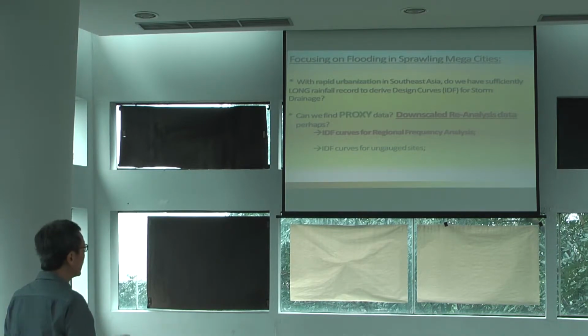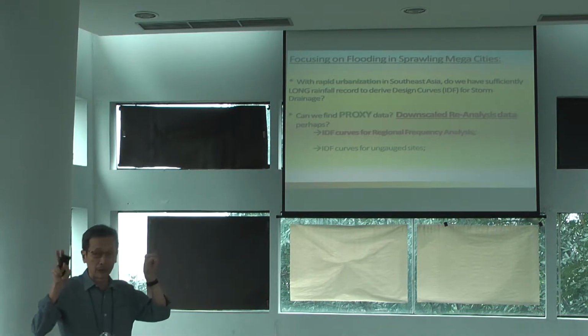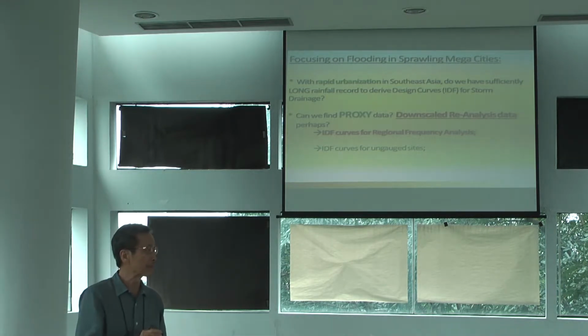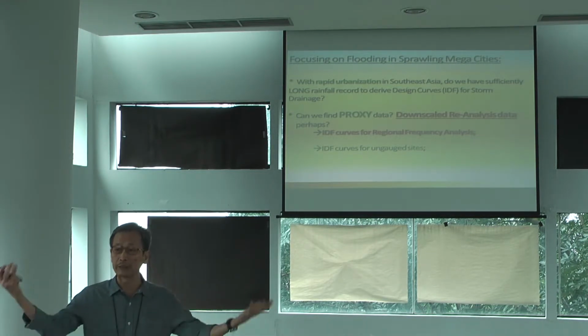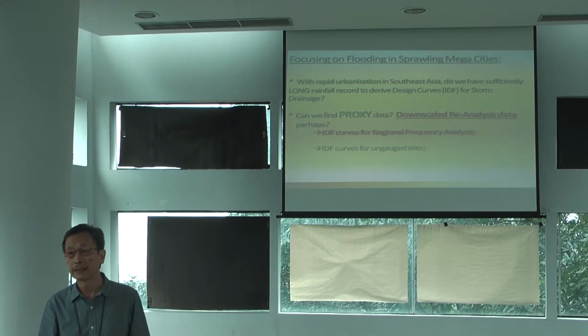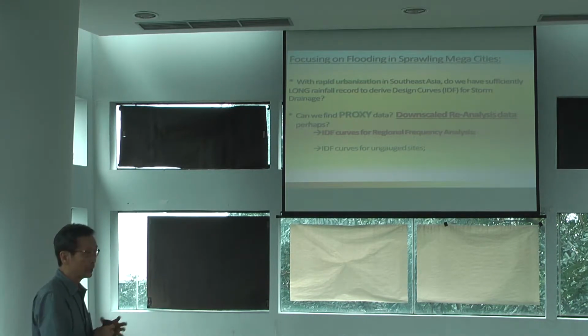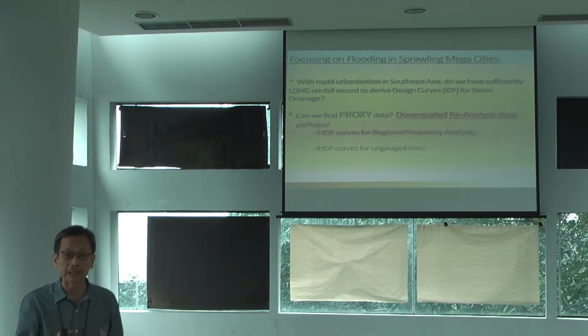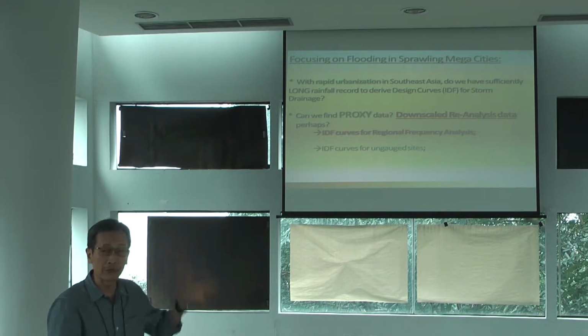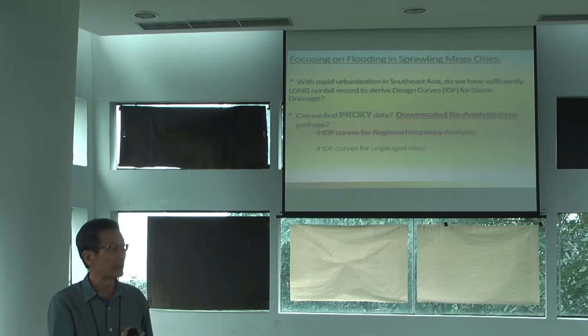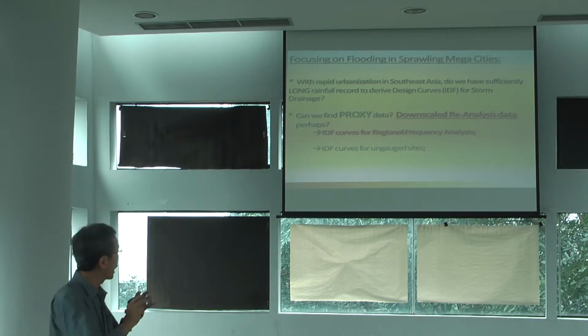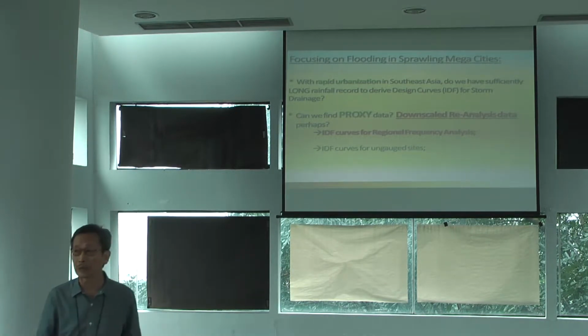Reanalysis data is supposed to be the perfect model result. Okay? Because it's using all the station data from all over the world. Yeah? But again, if it's part of the world like South Asia, you're lucky if you have a data set, such as in Kalimantan, for instance, because it's rainforest area, so you have to rely on the station data from somewhere else.